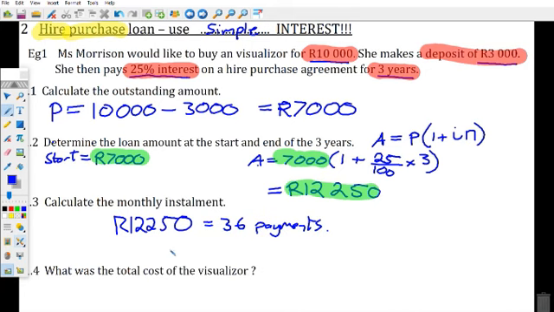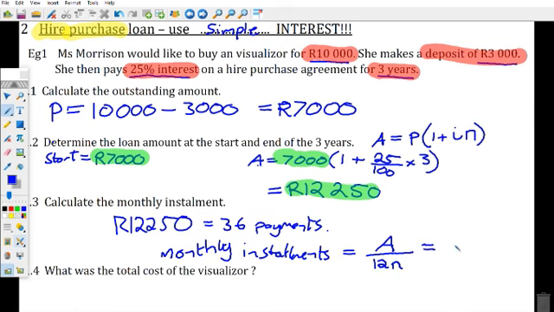The monthly installment is going to be the amount A divided by 36. Now, what is 36? It is 12 times N. Yeah, exactly. It's 12 times 3 because my N value was 3. Monthly, that's where I get the 12. You understand?